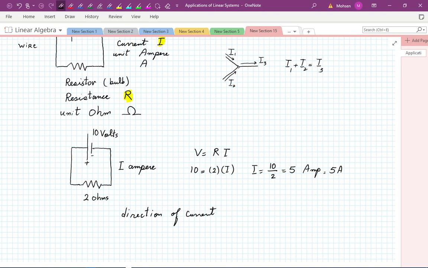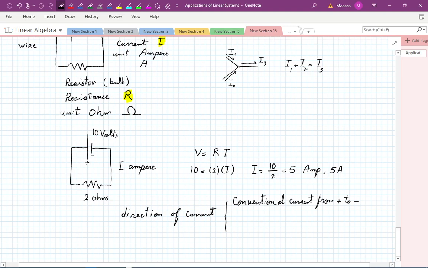They didn't know what it is made of. So they assumed something is just flowing. They didn't know quite what. They assumed it's going from the positive side to the negative side. So that was the conventional view of the current.